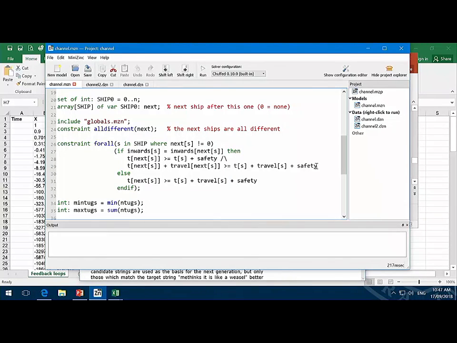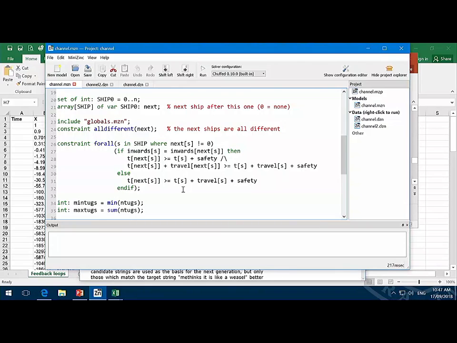The other case is that the next ship and us go in opposite directions. That means we have to finish before the next ship can start. So if we take the time of our start plus our travel time, that's when we hit the other end of the channel, and adding some safety distance, that's the time that the next ship can start.